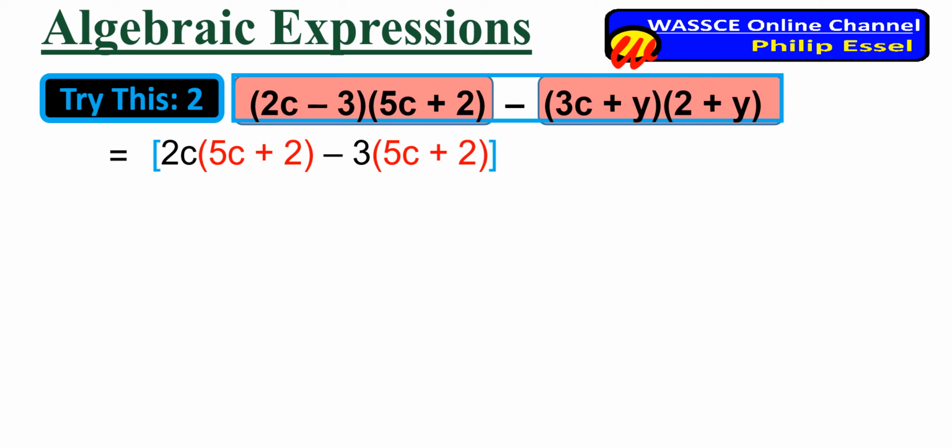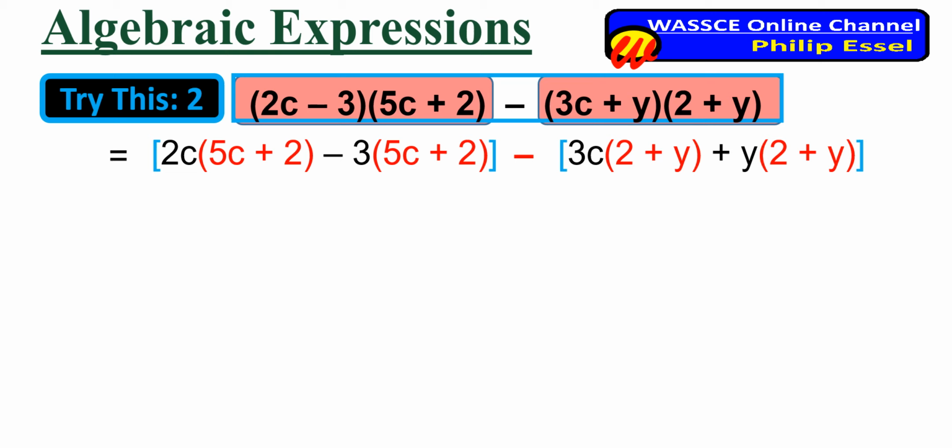In multiplying (2c minus 3) by (5c plus 2), first the 2c would multiply the whole of (5c plus 2), then the negative 3 would do the same. Let's now bring our negative sign. Then the second part of our expression, that is (3c plus y) multiplied by the whole of (2 plus y).